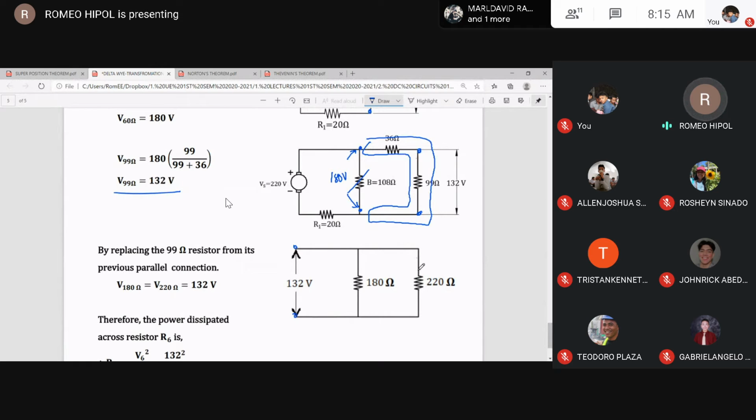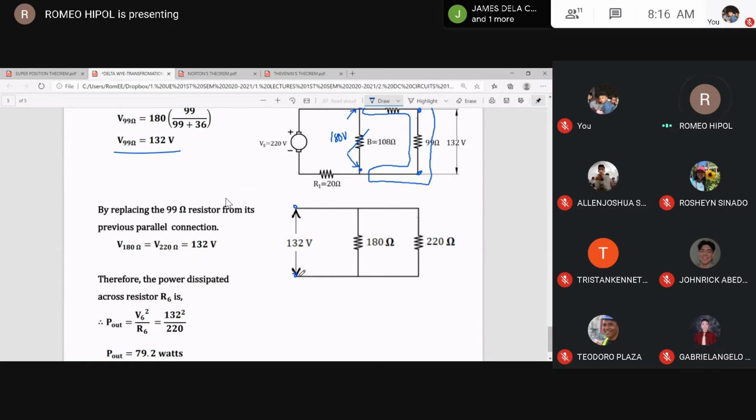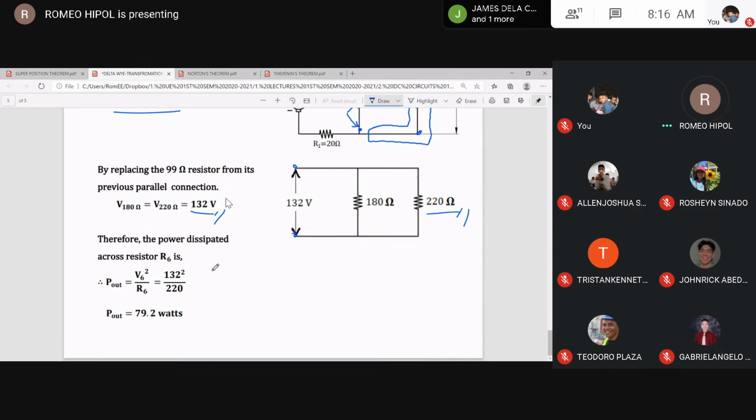So, they're connected in parallel, therefore, they have the same voltage output or terminal voltage. So, meaning, we have equivalent voltage for 220 ohm, which is 132 volts. So, we can now apply the power formula to get the output power across 220 ohm, which is 79.2 watts.